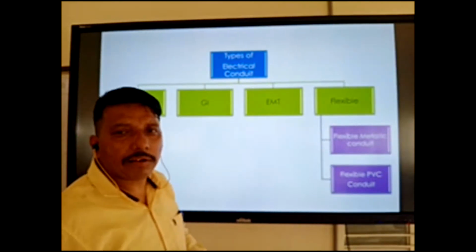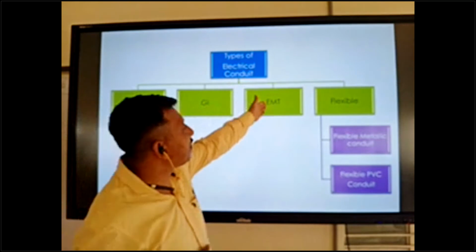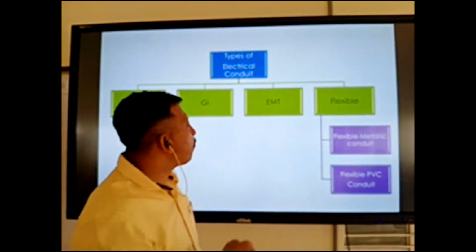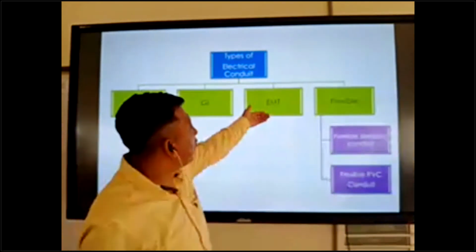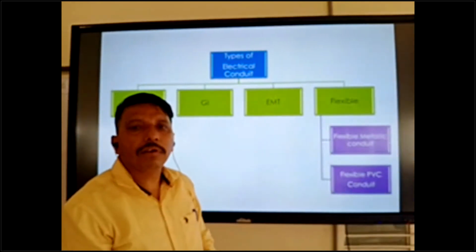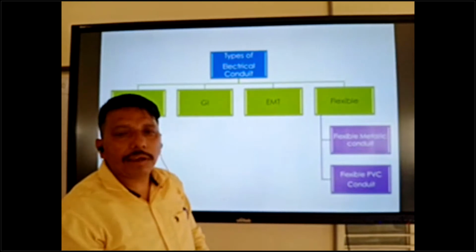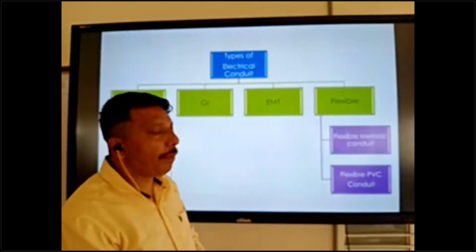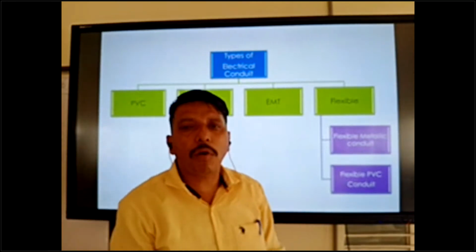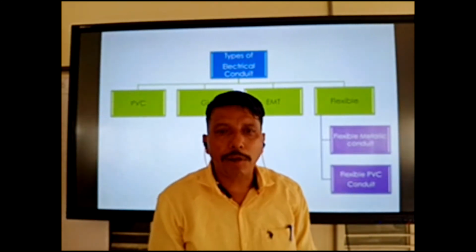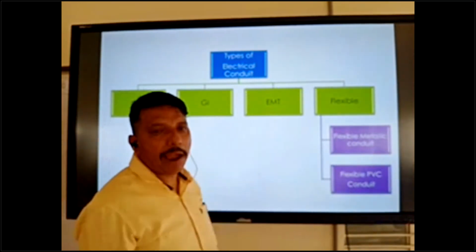GI is galvanized iron, so this is low cost. This is high cost. Some government projects in the Gulf, especially metro projects, government metro projects, use EMT pipe. Mostly in the Gulf, metro projects and that type of project use EMT pipe.